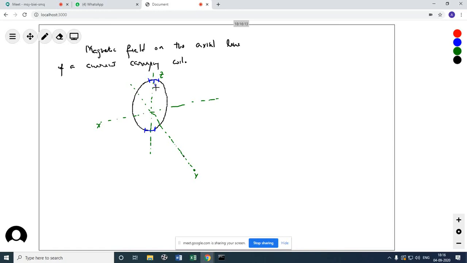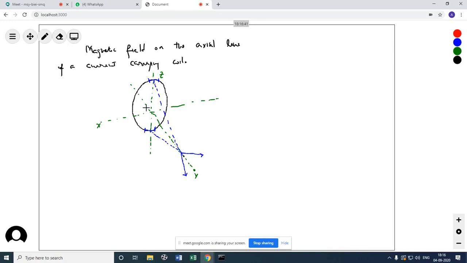So what we're saying here is that this is our coil. This is our axis. We are interested to find what is the magnetic field here.